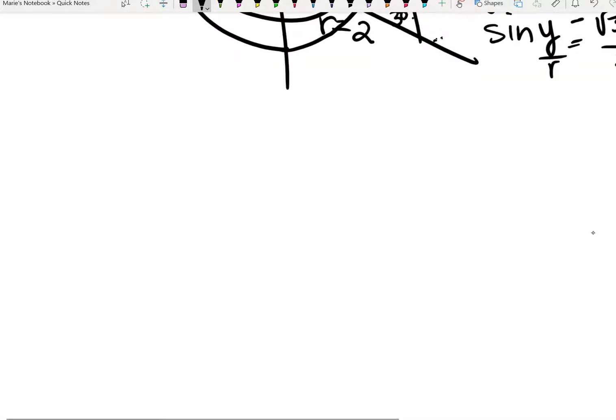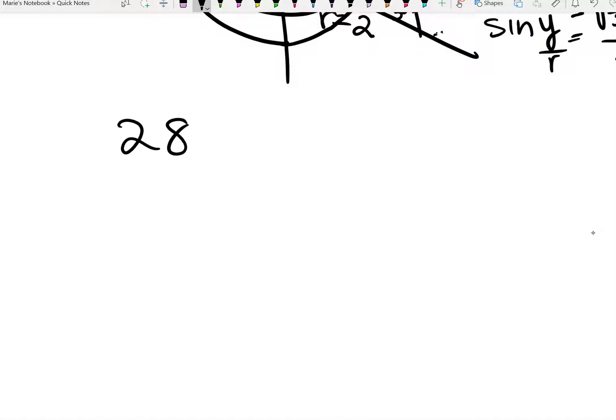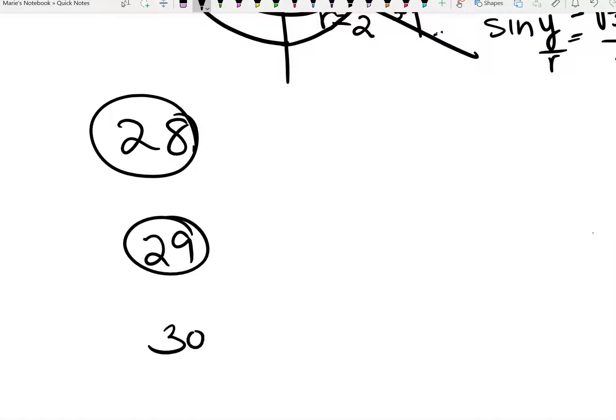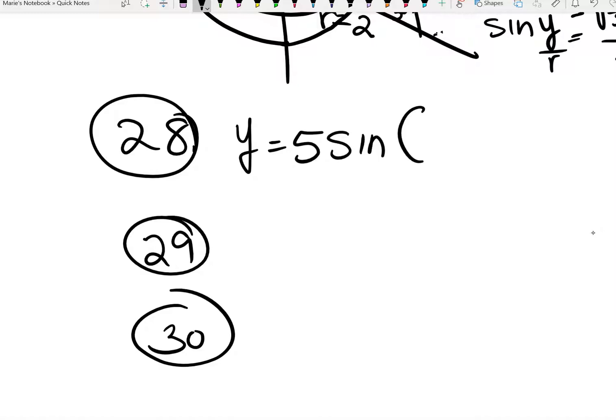For numbers 28 and 29, which I'm going to stop after 28 and 29, actually I'll probably stop at 30. They're asking you to determine the period of y. So for 28, y equals 5 sine 7x minus pi over 2. And so for 28, the period should be 2 pi over 7.